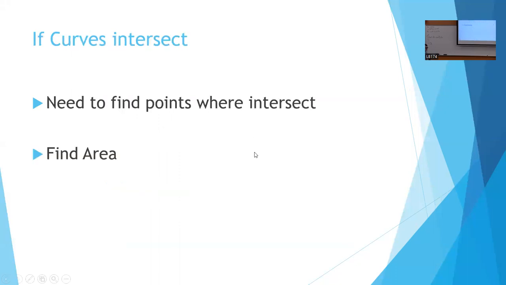Now, these first two examples, I just gave the bounds of x was from -1 to 3 on the first one, or x was from 0 to 2 on the second one.